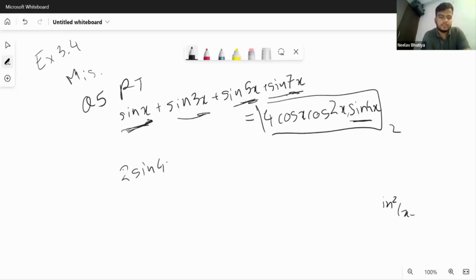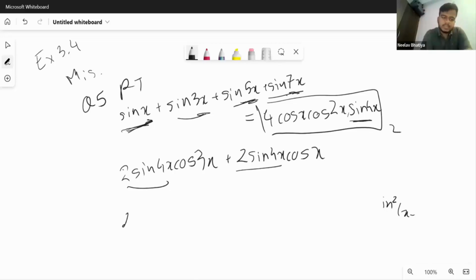So that is just 4x, and cos, I'll get 7x minus x equal to 6x divided by 2 is equal to 3x, plus 2 times sin 4x, 5x plus 3x equal to 8x by 2 is equal to 4x, and cos, 5x minus 3x is equal to 2x divided by 2 equal to x. These two terms are again common. Let's take them out. Get 2 times sin 4x, cos 3x plus cos x, correct?